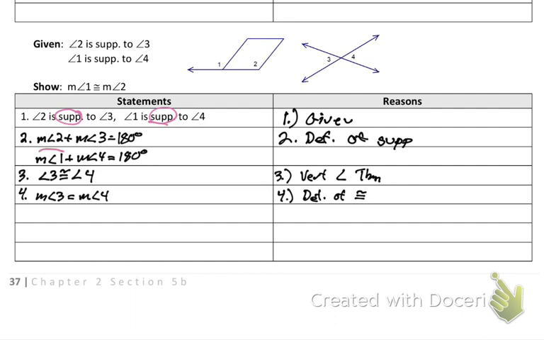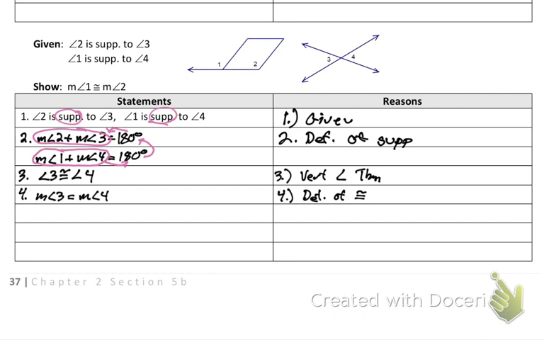So I'm looking back at this statement here. That equals 180. 180 equals 180. That equals that. They're all linked together by using what property?